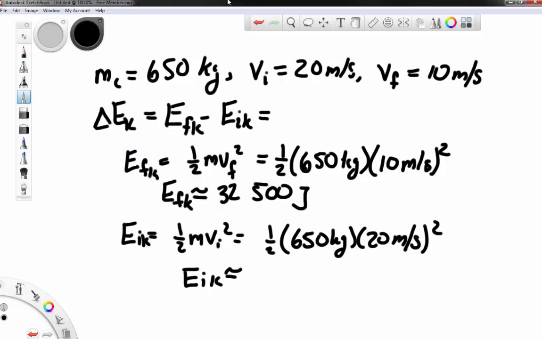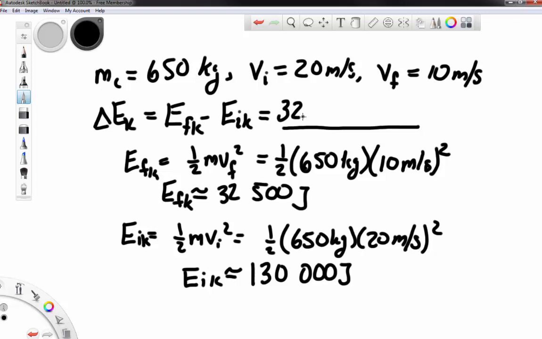So now we have our initial and our final energies. And now we can plug those two up here into this blank space that we used. So that is going to be 32,500 joules minus 130,000 joules.